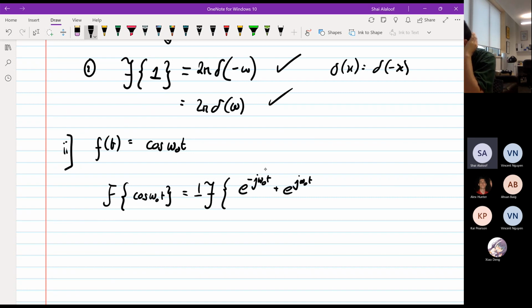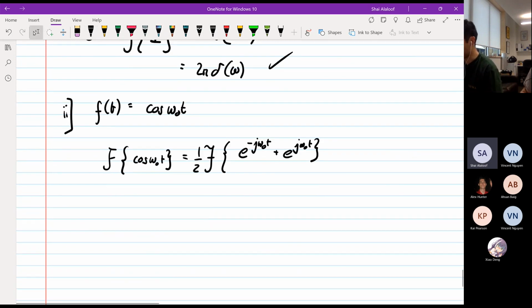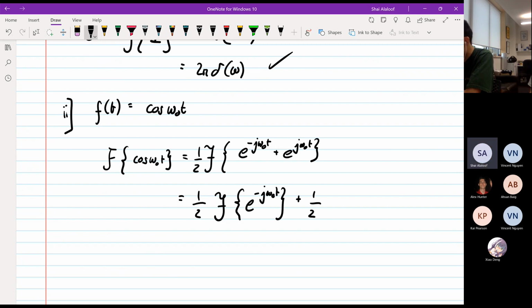I'm just going to take a half out the front, because with Fourier transforms you can take out constants because they're linear transformations, for all you maths 1B or maths 1A people. So you've got a half times the Fourier transform of this thing, which I'm actually going to write as, keeping with the linearity property, the Fourier transform of the individual terms, like that, right?